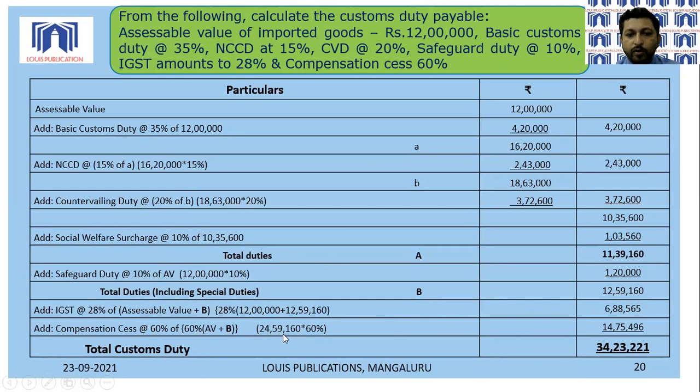That is 24,59,160. Calculated at 60%, which is the compensation cess rate, you get 14,75,496. So when I add up this B, IGST and the compensation cess, I get 34,23,221. That will be the total customs duty payable. So I hope this comprehensive problem on customs duty is very, very clear.